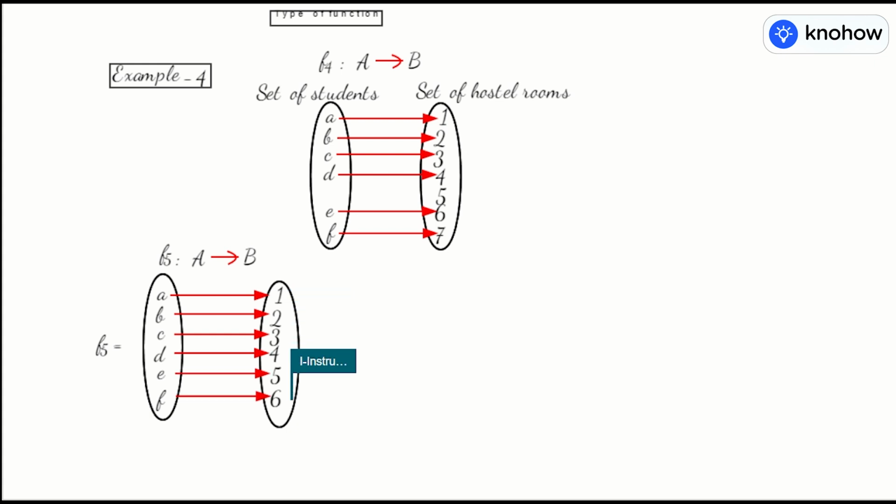Here also, this is single-seated accommodation. Every student corresponds to a particular room, and in every room there is only one student. Now what is the basic difference you find in examples 4 and 5? That in example 4, one room is still vacant, whereas in example 5, for function 5, no room is vacant, it is fully occupied.